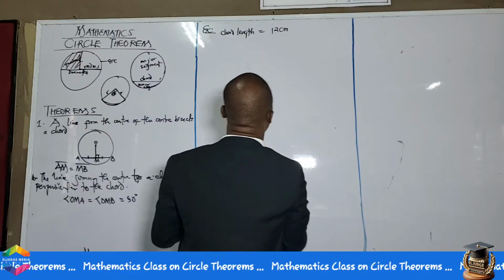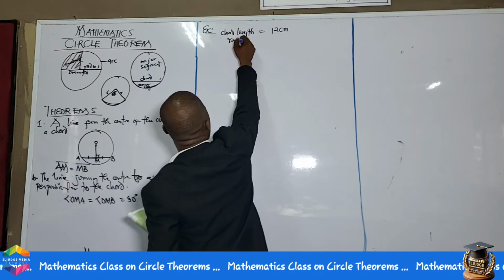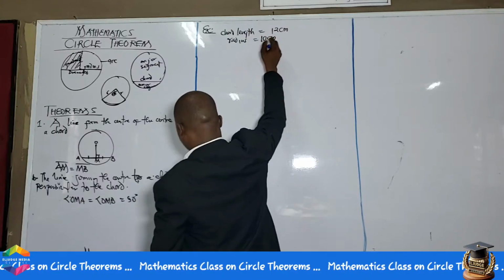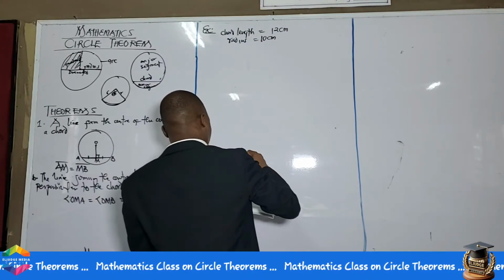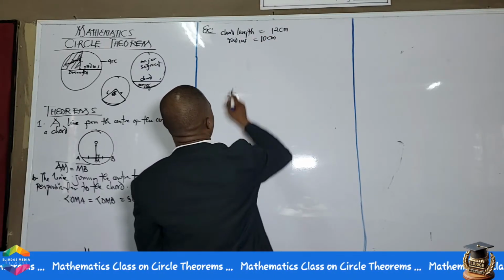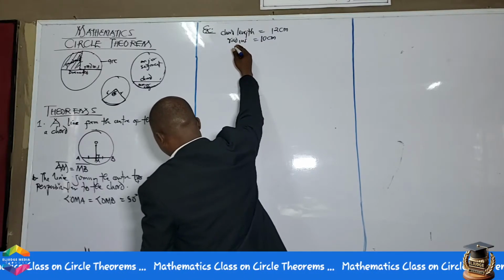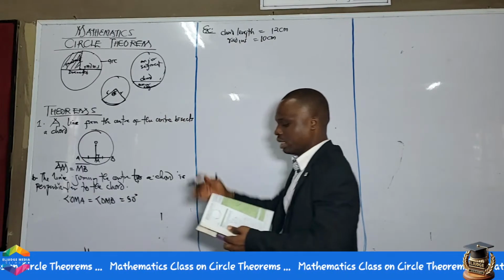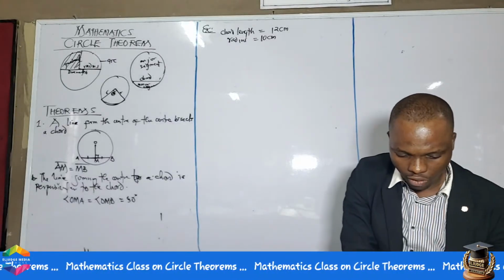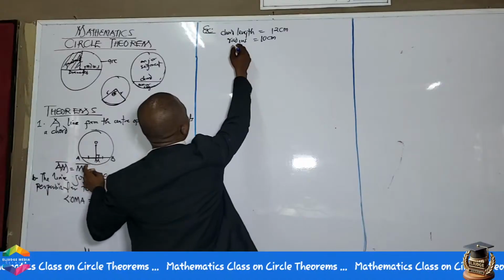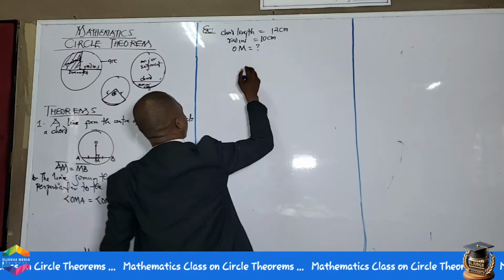The radius of the circle is 10 centimeters. Calculate the distance of the midpoint of the chord from the center of the circle. So we are looking for OM. OM is what we are looking for.